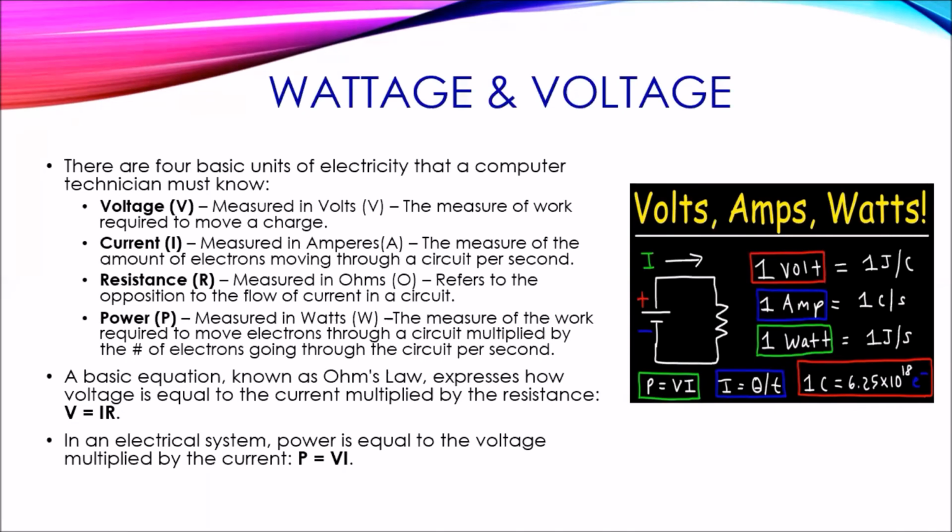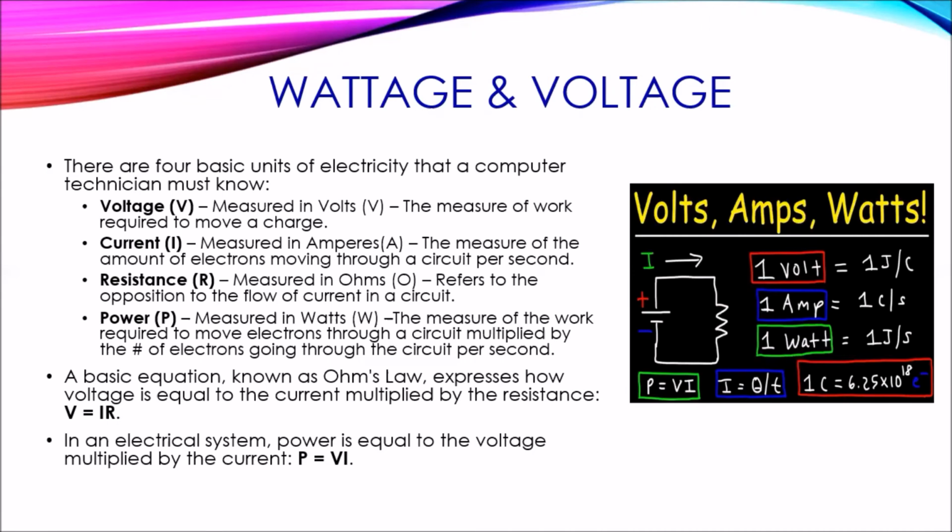Current. The measure of the amount of electrons moving through a circuit per second is called current, normally measured in amperes. Resistance refers to the opposition to the flow of current in a circuit, and is measured in ohms.